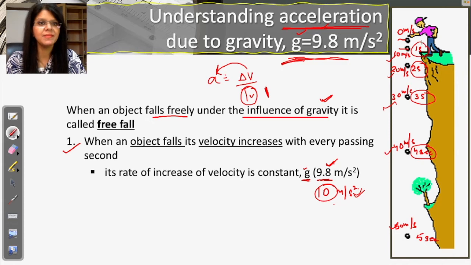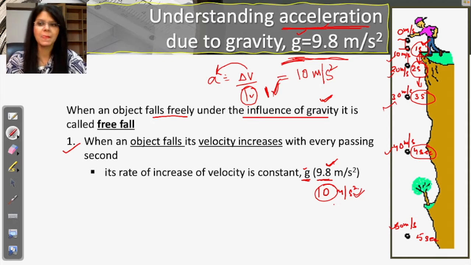Here, the time interval we are taking everywhere is 1 second, and the change in the velocity is constant, 10 meters per second, so 10 meters per second square, right?